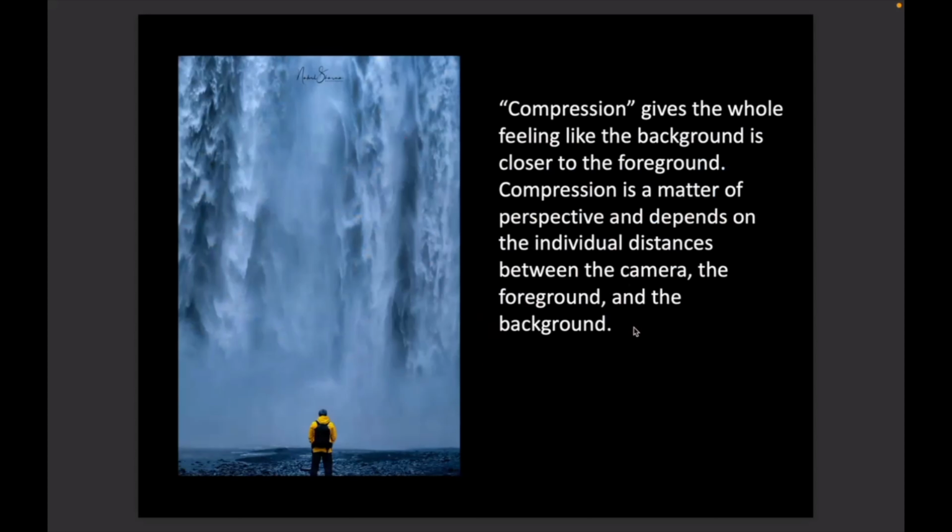So how does it happen, let me tell you. There are three things: where the camera is, where the photographer is standing, then your subject, where the subject is standing, and after that the background. There is a huge distance between these three. Like in this picture, it was in Iceland at Skogafoss. I was standing very far from the photographer.